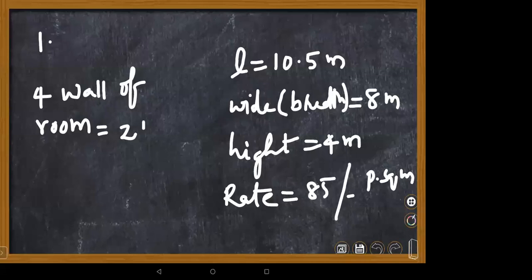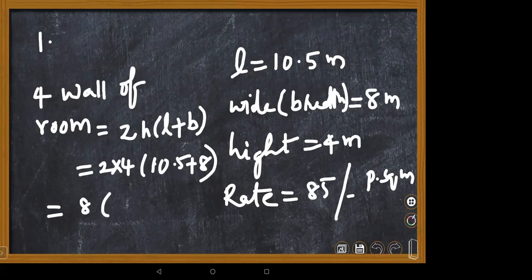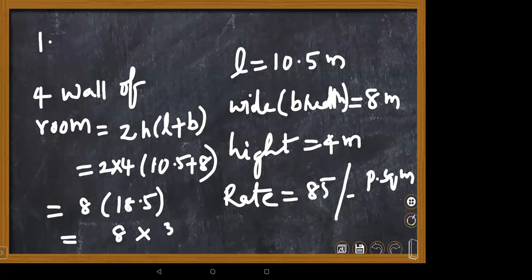Just a minute, children. 2h into L plus B means how are we supposed to substitute? 2 into 4 in bracket 10.5 plus 8. 8 into 18.5. 18.5 can be written as a half of that number: 18 2s are 36, plus 1, so 37 by 2.